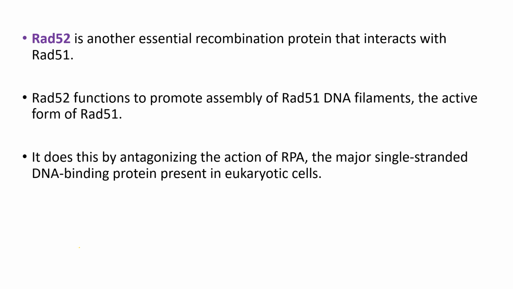So RAD52 is doing two things. It is not allowing the single-stranded DNA binding protein, RPA, to bind to the single-stranded DNA tails, plus it's directly promoting the assembly of RAD51 onto the single-stranded DNA tails.